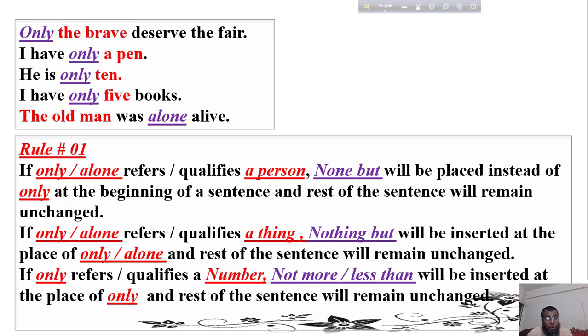So if "only" refers to a number, then we can use "not more than" or "not less than." Anyone can be used here, not both. You can use "not more than" or "not less than" in place of "only."